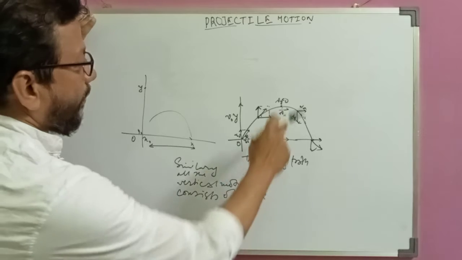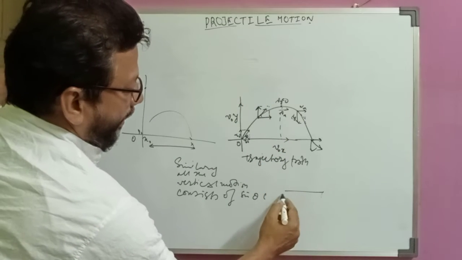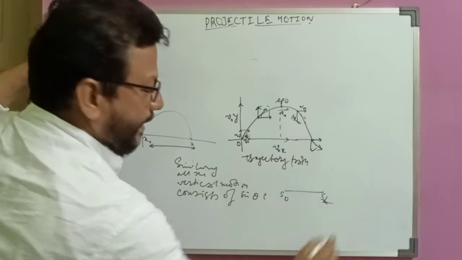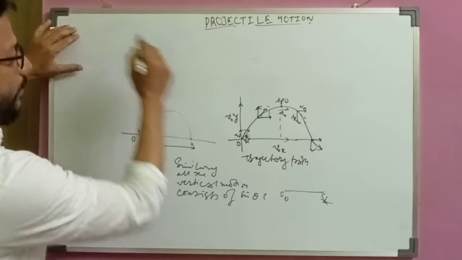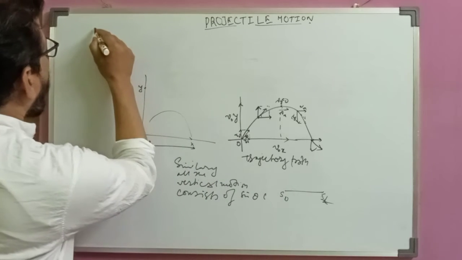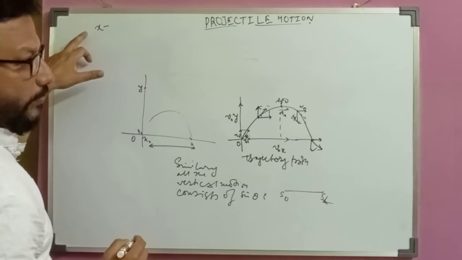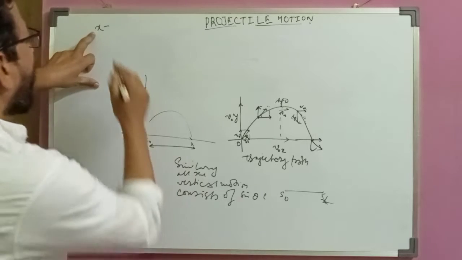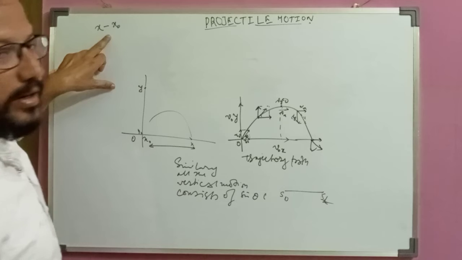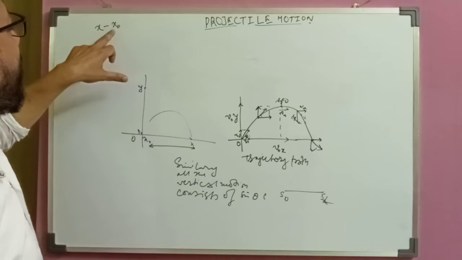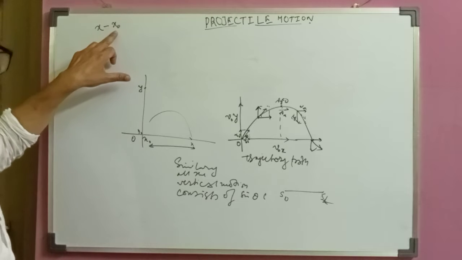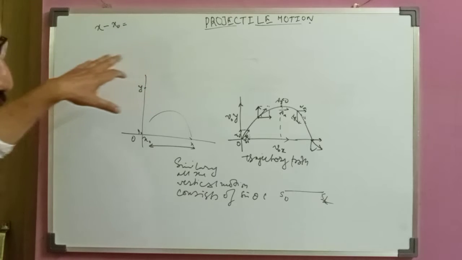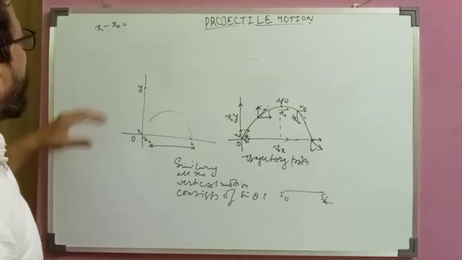In rectilinear motion, we did it like s1, s2, or s0 to st. Similarly, here the formulas will come this way, with x as the final position of the particle, and x0 as the initial position. So we get x minus x0, s equal to ut plus half at square, as we did previously.